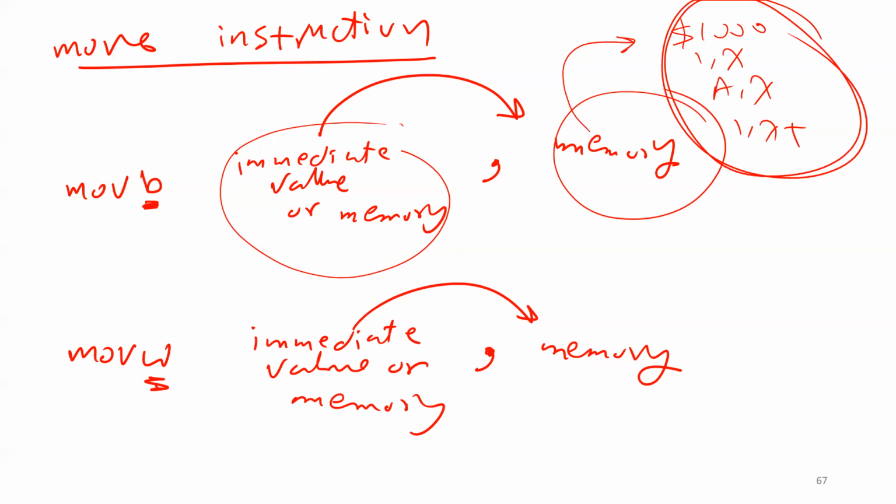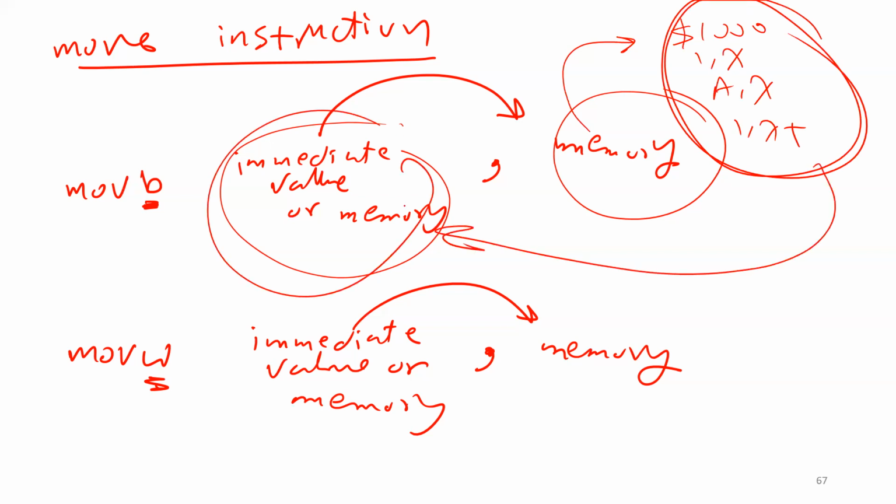However, the source can be one of these, or it can be an immediate value. So the move instruction is used if you want to copy a memory location to a memory location or an immediate value to a memory location.